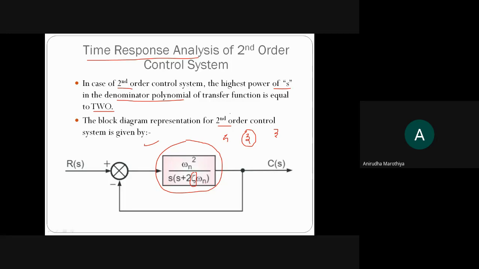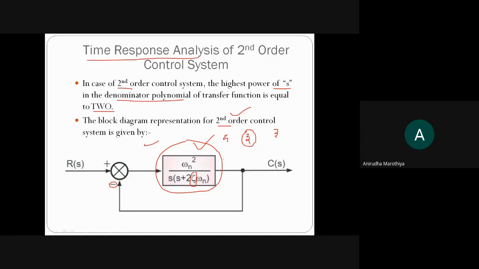Now, why is it called a second order control system? Because if you try to find out its closed loop transfer function, which is nothing but c of s by r of s, by applying the elimination of closed loop rule, where g of s is this much, h of s is nothing but 1. So we can write g of s upon 1 plus, why plus? Because it is a negative feedback control system.